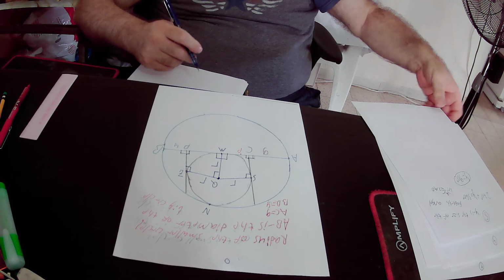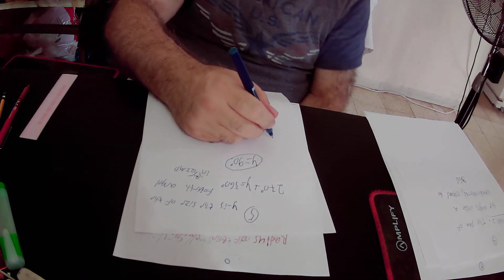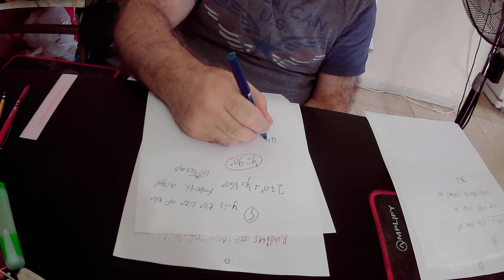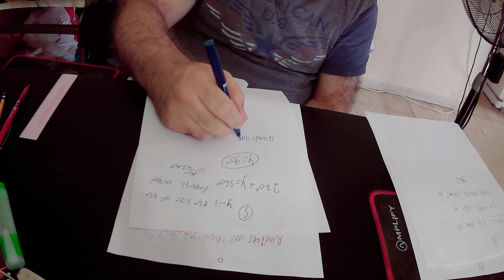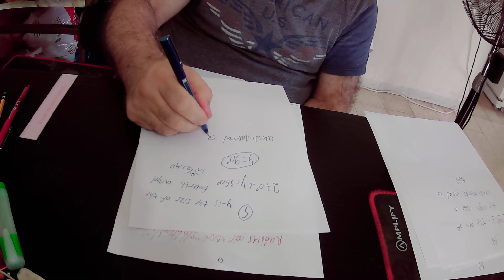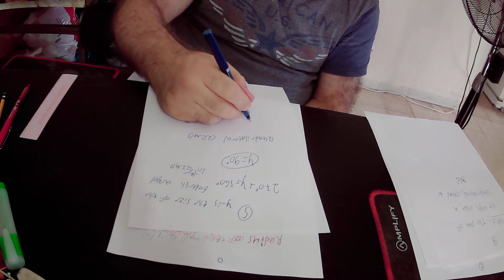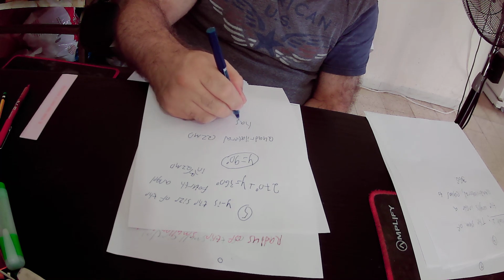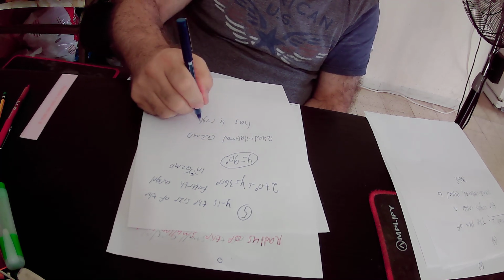So actually, we found out that quadrilateral QZMD has four right angles.